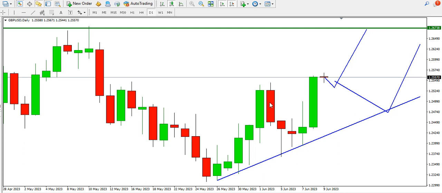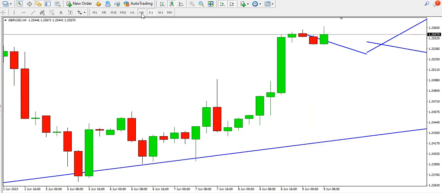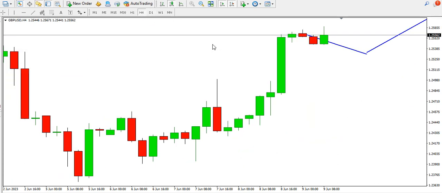So that's that for GBPUSD on the daily time frame. The likely target is the 1.26738. On the 4-hour time frame, we can see that price of GBPUSD is gradually going up.